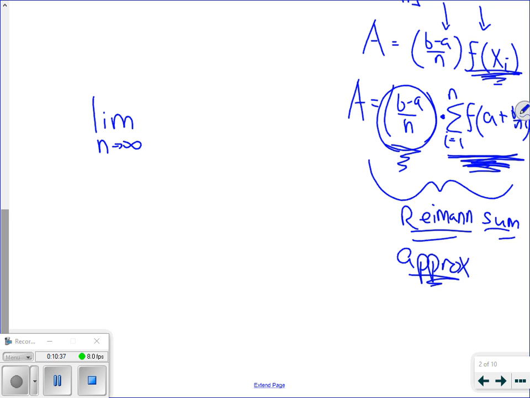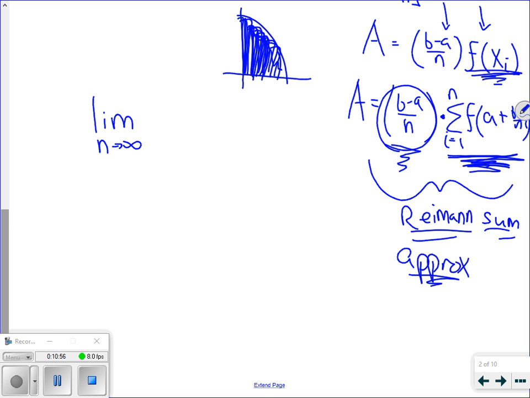What if on that curve, let me draw that curve again, I drew an infinite amount of rectangles? I mean, an infinite amount. So much so that eventually it just looks like the area underneath the curve.